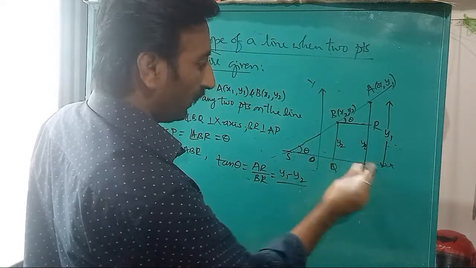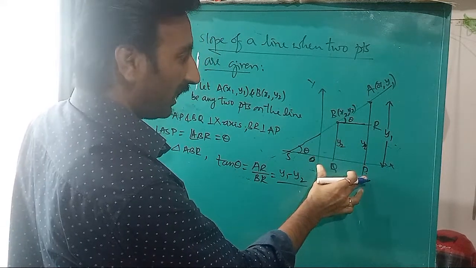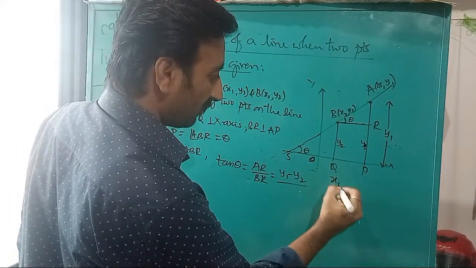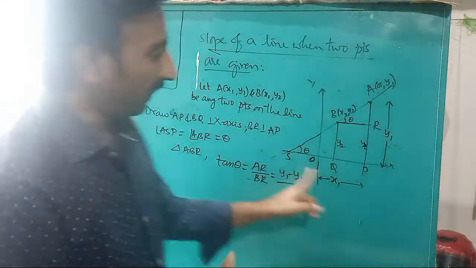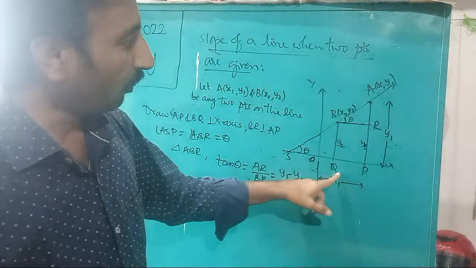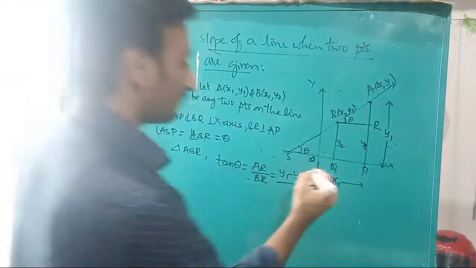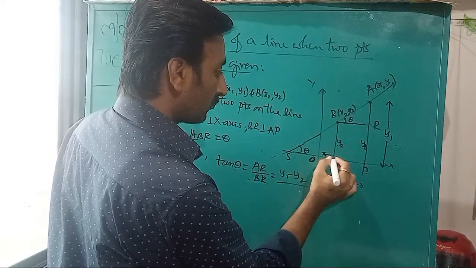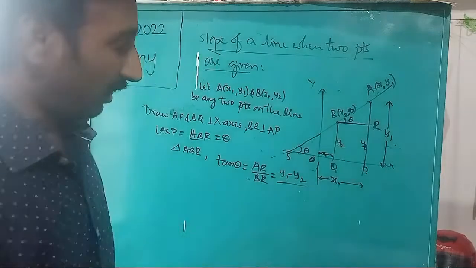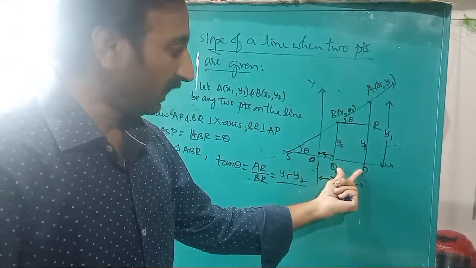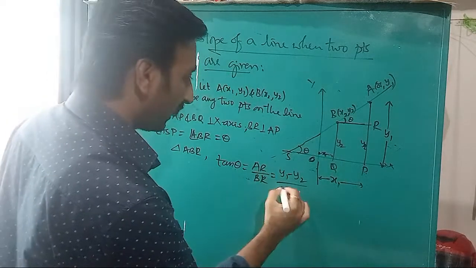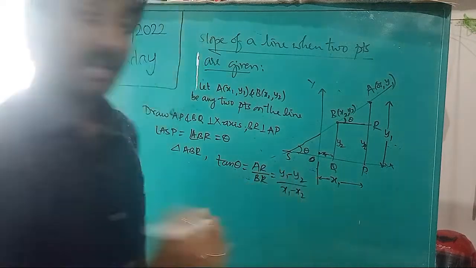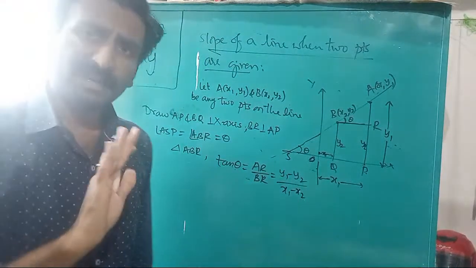From O to P, this distance is x1, from here to here, correct? From O to Q, this is x2, correct? Now this PQ is the difference of x1 and x2. So very clearly you can say x1 minus x2, correct? So it is very simple.